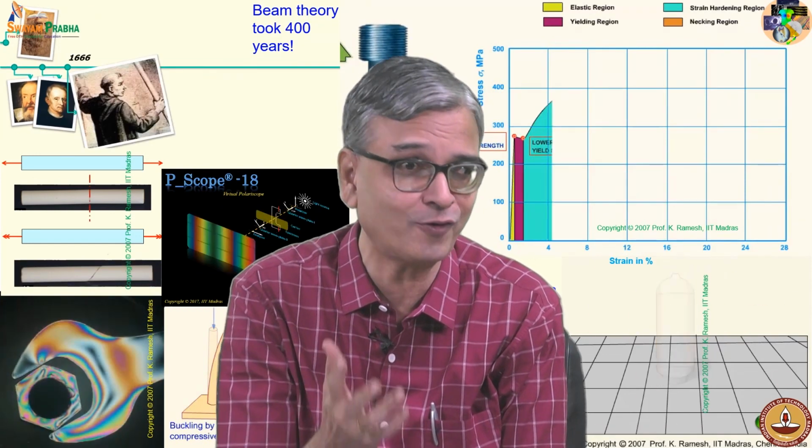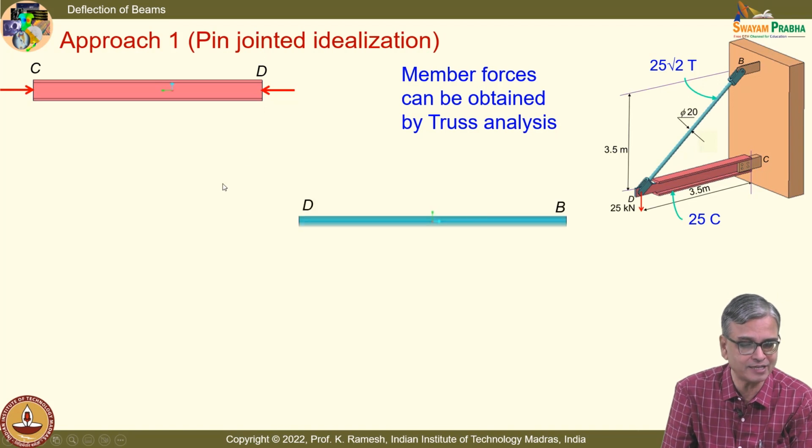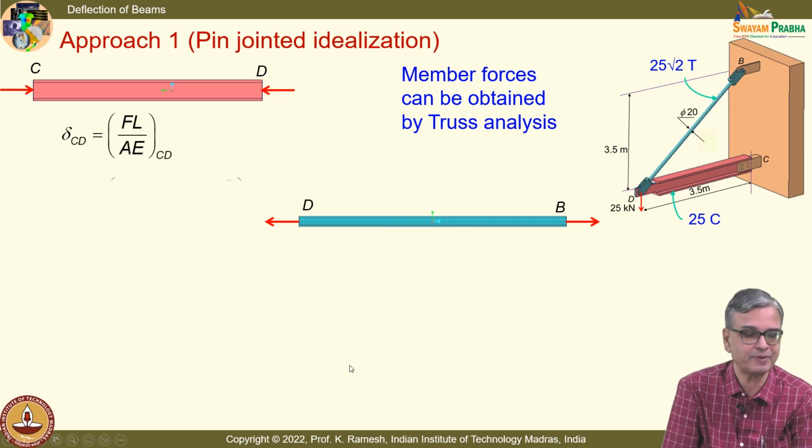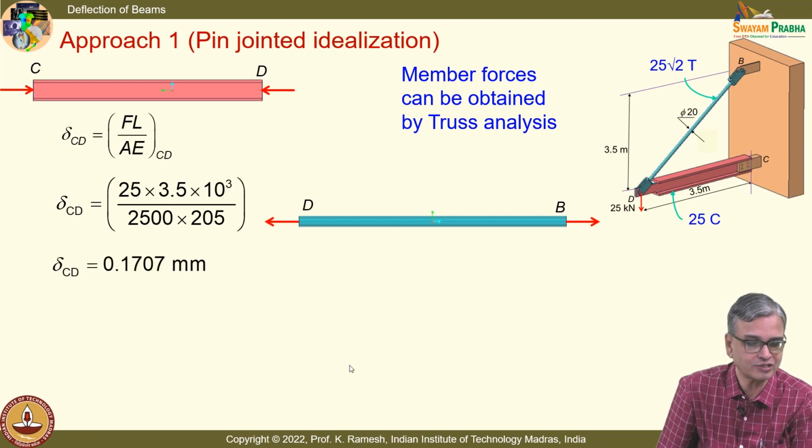You should not hunt for it. Okay. So, instead of P, you supply the load that is acting, and this is under tension. So, if I do that, I have FL by AE, and if you substitute F, the length L, the area of cross section and the Young's modulus, I get this as 0.1707 millimeter.